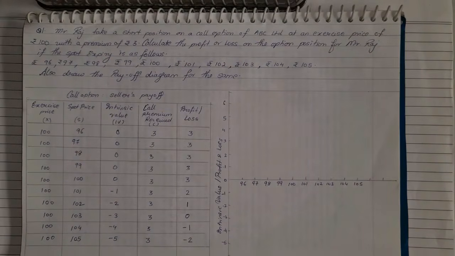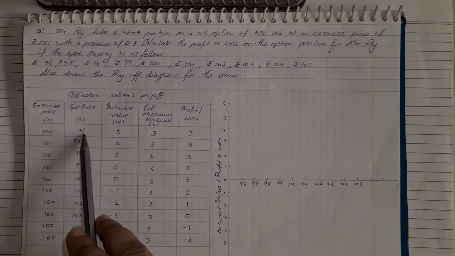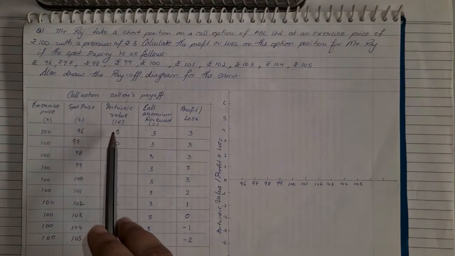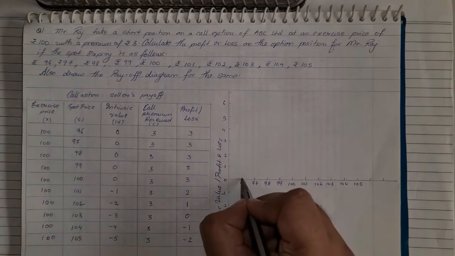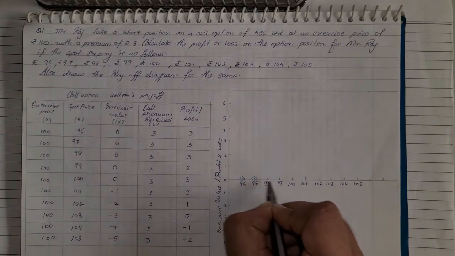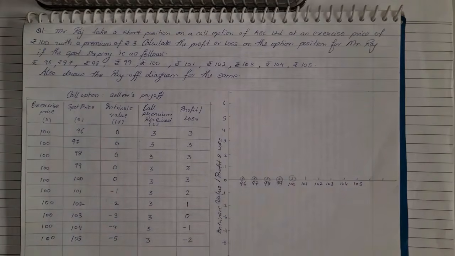Now let us start plotting all the points of intrinsic value and the profit and loss. So when the spot price was 96, the intrinsic value was 0. At 97 also it was 0, 98 0, 99 0, 100 0.